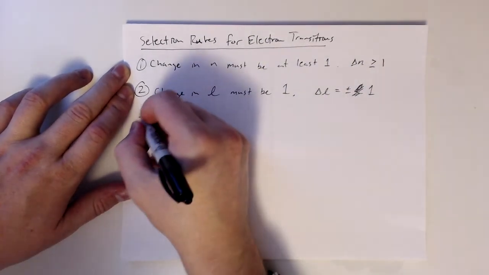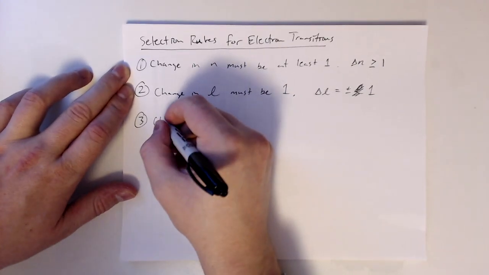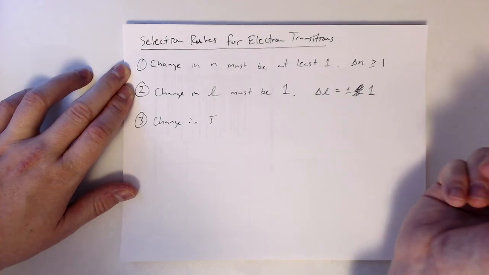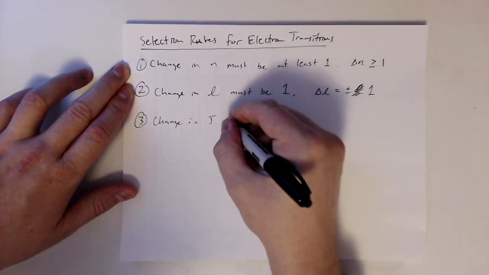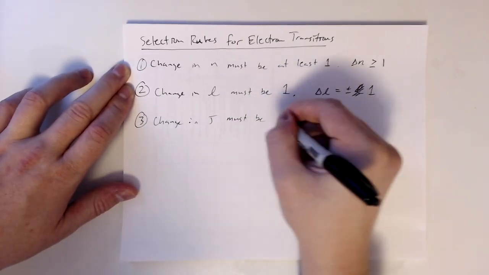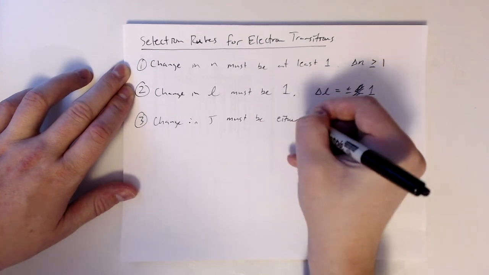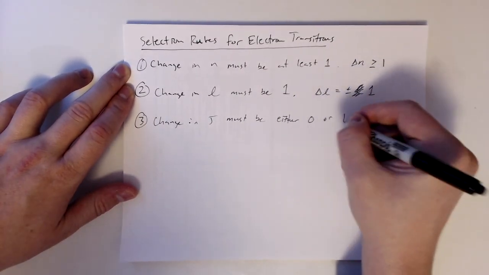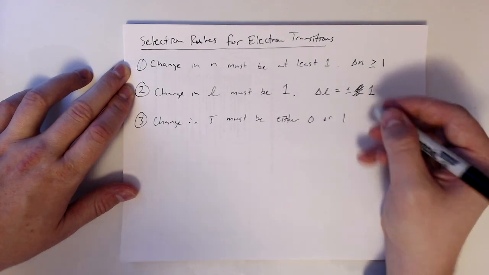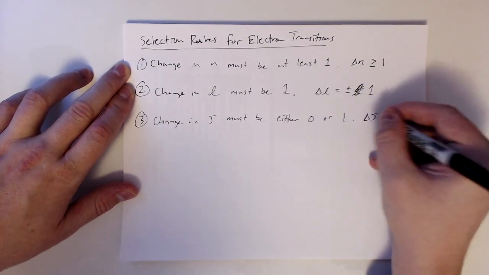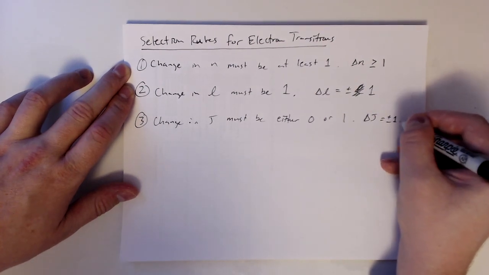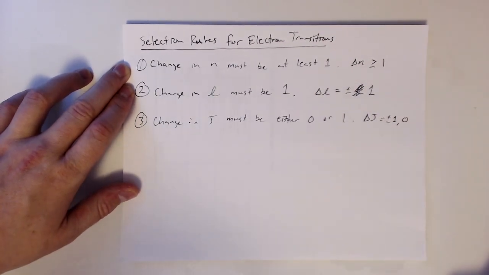And lastly, the change in J, remember that was the total momentum, must be either 0 or 1. So we can formalize that as delta J is equal to plus or minus 1 or 0.